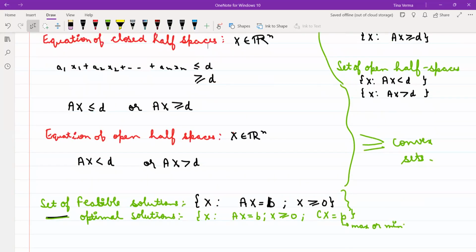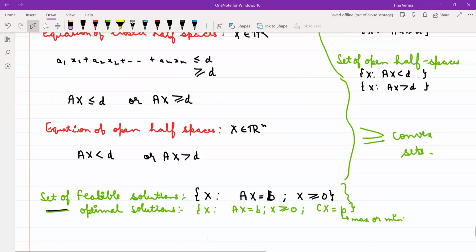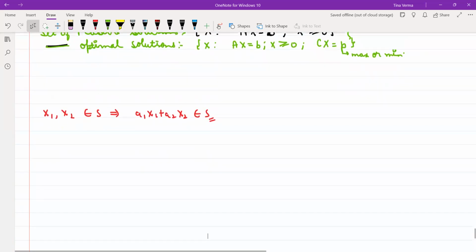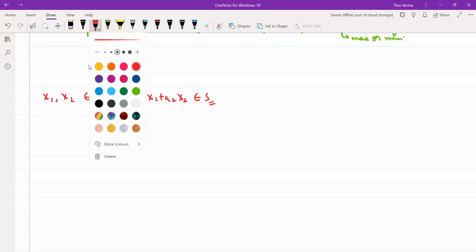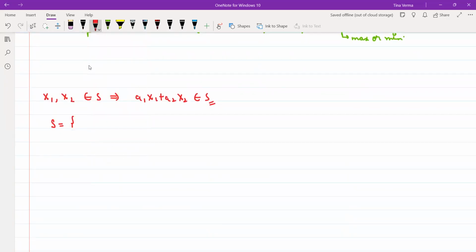All these are convex sets, and the similar way you will prove it. Say the set S is the set of all x such that Ax is less than d. So this is a convex set.